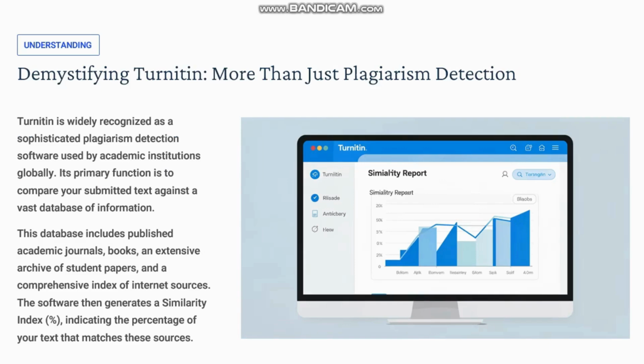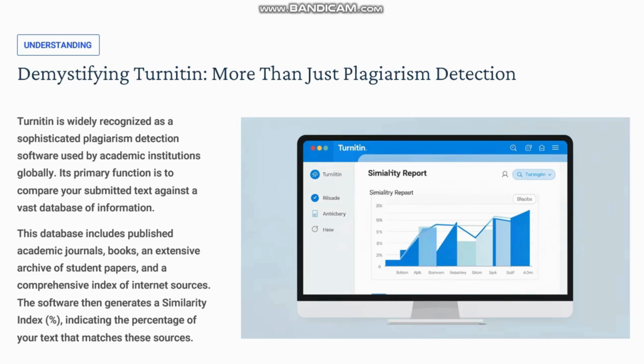What is Turnitin? Turnitin is basically a plagiarism detection software that is used by most academic institutions. And the primary function is to compare whatever has been submitted to it against a very vast database of information.